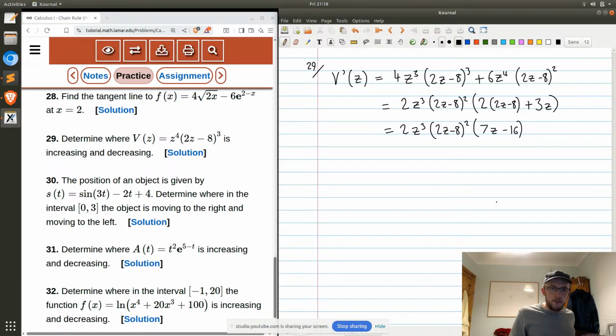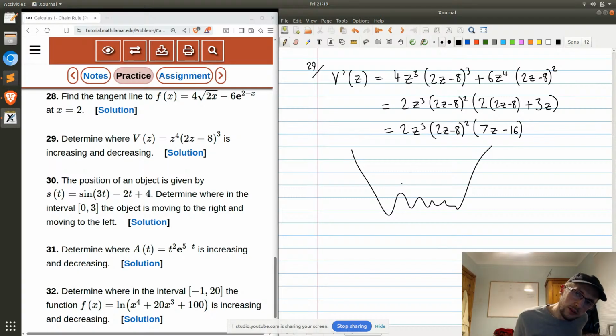This would be a sextic. It would be to the power of 6. It would be a degree 6, wouldn't it? But it's nice and factorized for us. So, wait, what else do I know? Well, I know that it's going to be shaped like this.